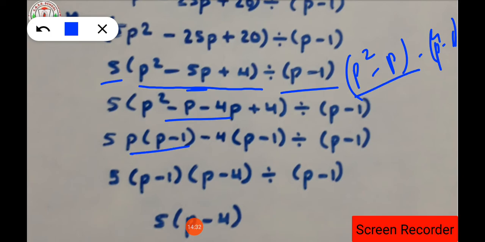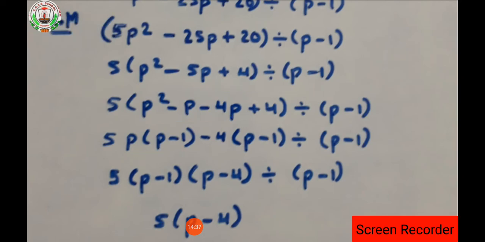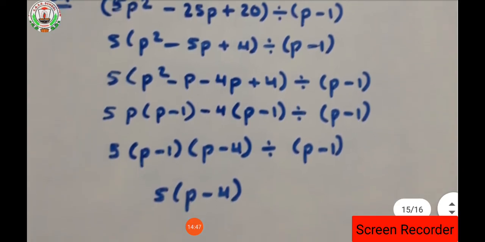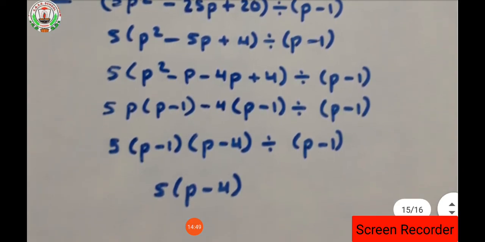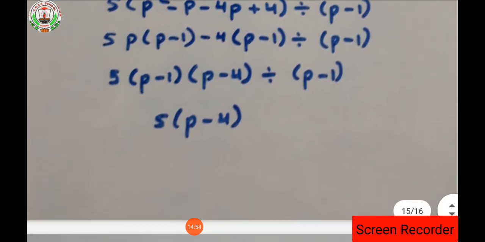What is left out inside the bracket? That is p minus 4. Now when minus 4 is taken common, what is left out inside the bracket? That is p minus 1 divided by p minus 1, isn't it? Now p minus 1 is present in the numerator and denominator. When it is divided, what is the answer left out? That is p into p minus 4 is left out.